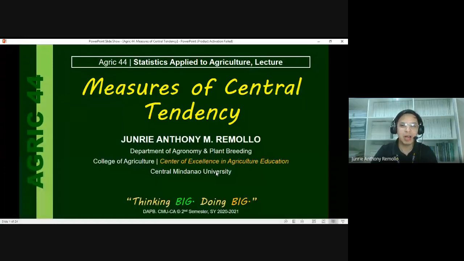Our topic would be measures of central tendency. To investigate a set of quantitative data, it is useful for us to define numerical measures that describe an important feature of the data.